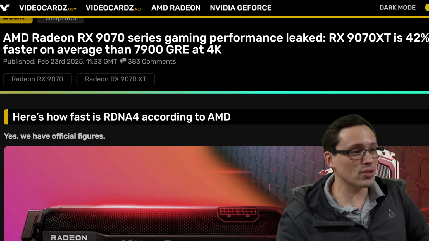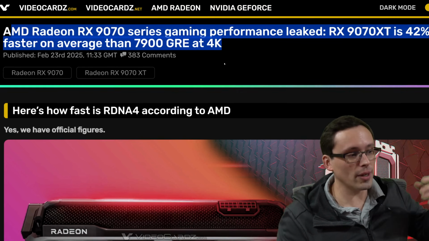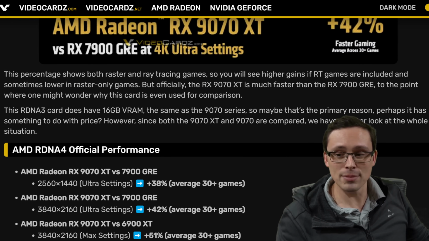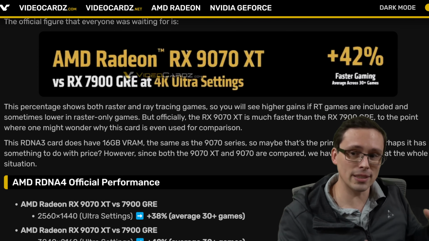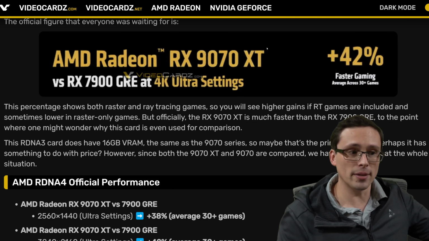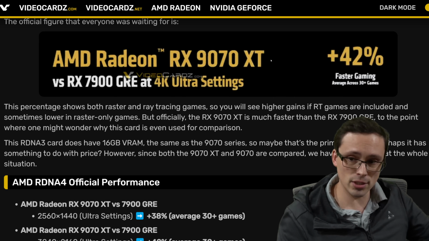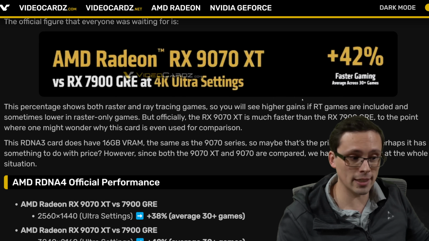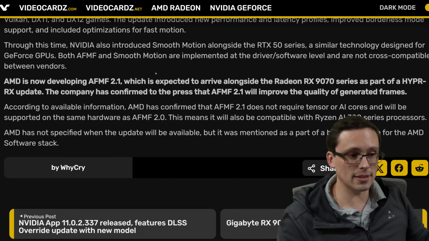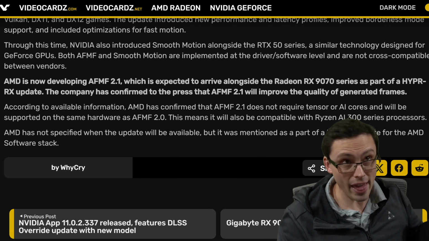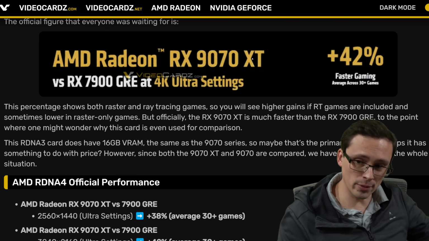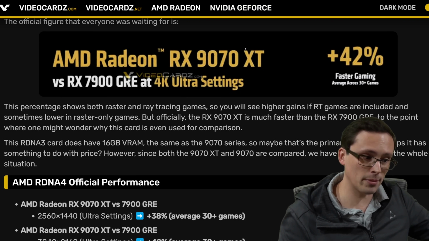Anyway, videocards.com claimed to have AMD's press release that had been given to press, but was still under embargo, and claimed to have access to it. That's where they're making the performance claims, and that is also where they're claiming that this information about AFMF 2.1 is coming from. So, if you trusted these performance claims, you would probably also trust them on this.